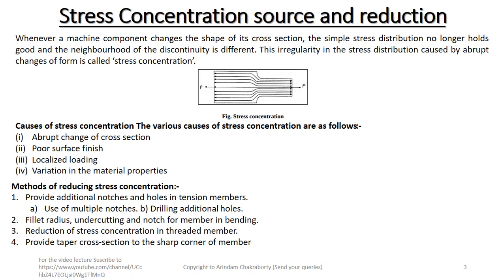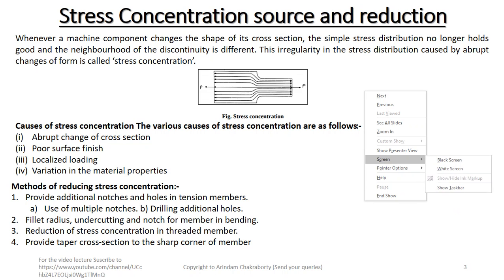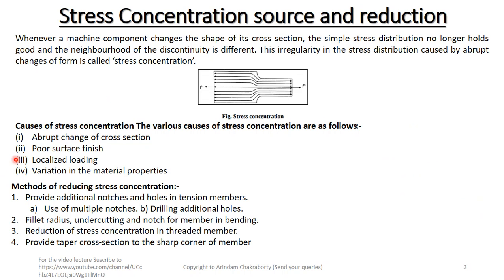Now what is the main reason? As I have told you, now see the first point. Is the slide visible to you? Yes, sir. Okay. Now, since I have told you that an abrupt change in cross section, that means the shape, this number one point actually explains how much shape is responsible for stress concentration.